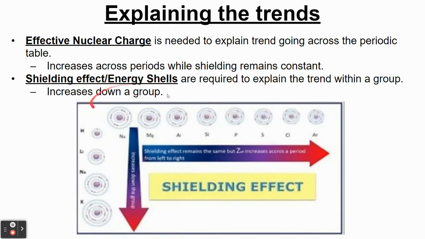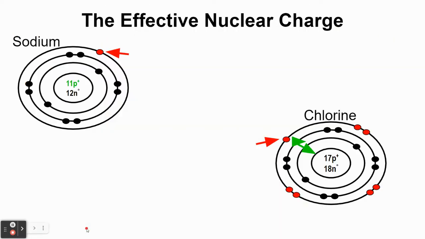Whereas shielding effect or energy shells explain trends within a group, going from top to bottom. And generally, the shielding effect will increase as you go from top to bottom just because you have more shells as you go down the group, right? Because every period adds another shell to it. So again, that explains trends going within a group.